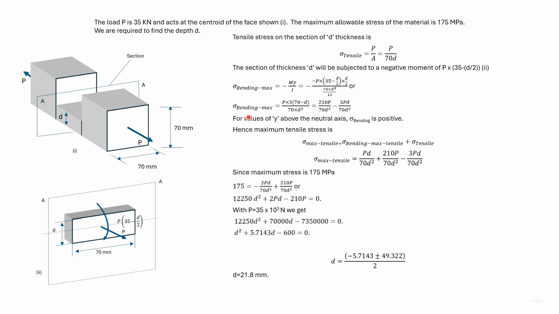Rearranging, we get the maximum tensile bending stress in terms of P and D. The total maximum tensile stress will be the sum of these two, which is given here. This will be equal to the maximum allowable stress. Substituting P, we get a quadratic equation in terms of D, from which we get the value for D.